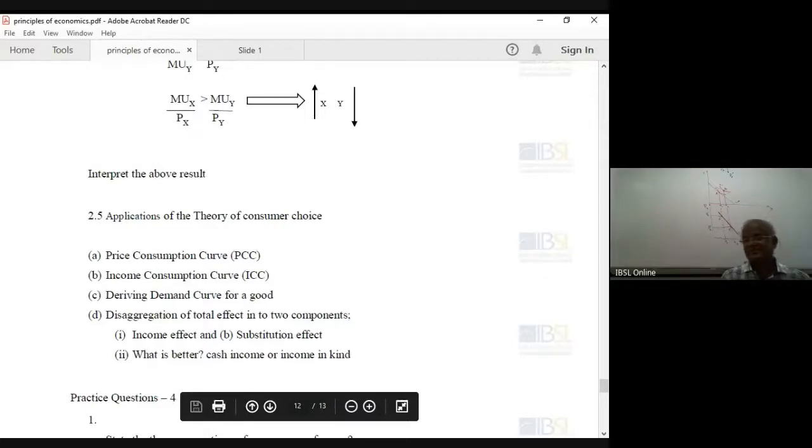The amount of goods that you can purchase, the number of saris that you can purchase using your income, increased. We call it real income has increased. So when the price level decreases, people's real income increases.